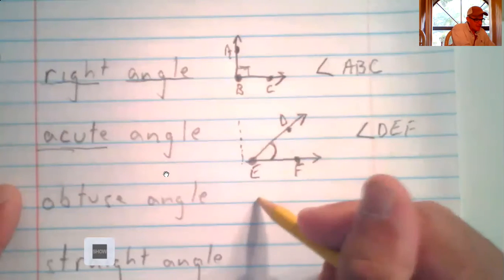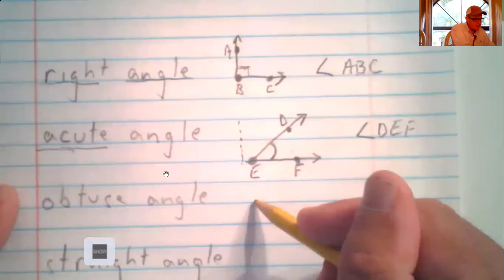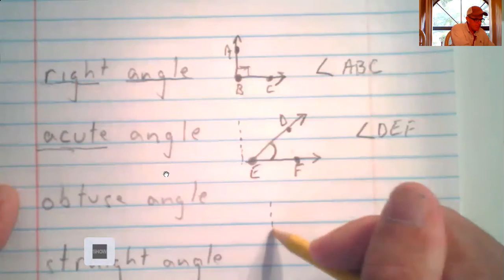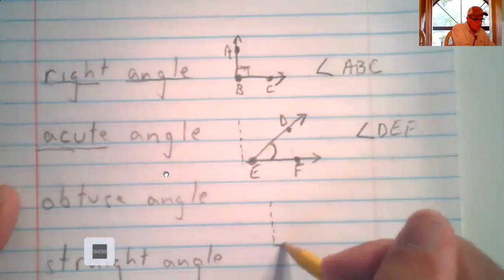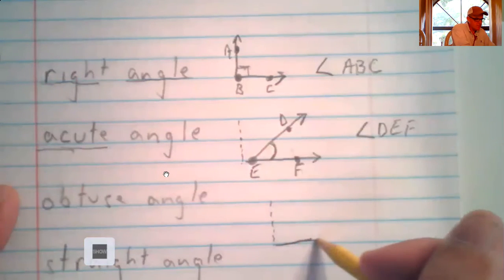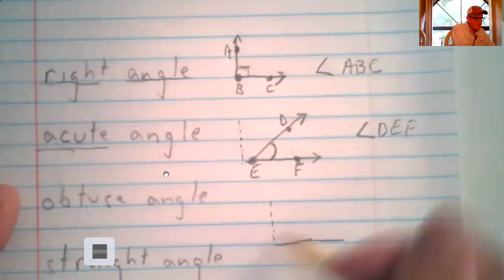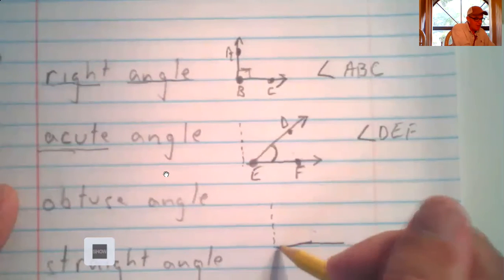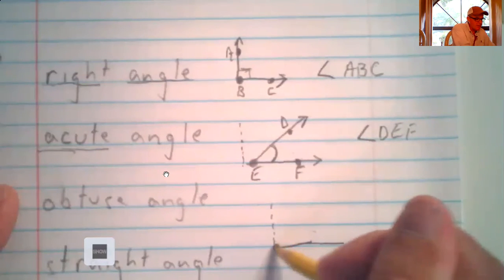So again, let's go ahead and start with our right angle. Come over here, try to stay on the line. But instead of making a small, cute angle, we'll put our point right here.